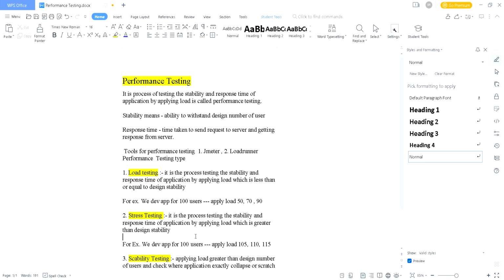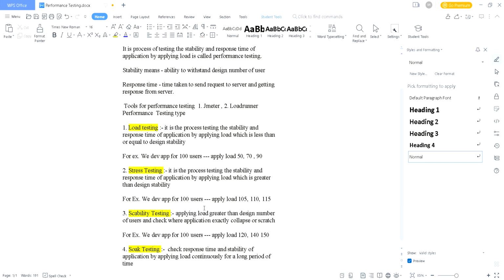Load testing applies load within the limit, and in stress testing we apply load beyond the limit and check the application's performance. Taking the example of 100 users, we apply loads like 105, 110, 115 and check the performance. Stress means we apply more load to the application and check the response.